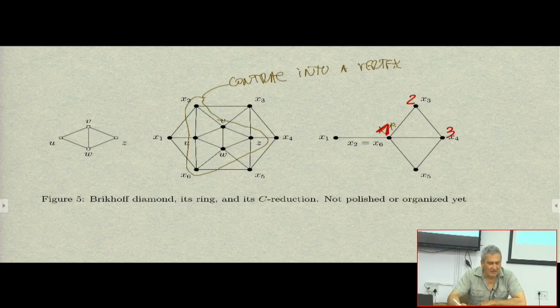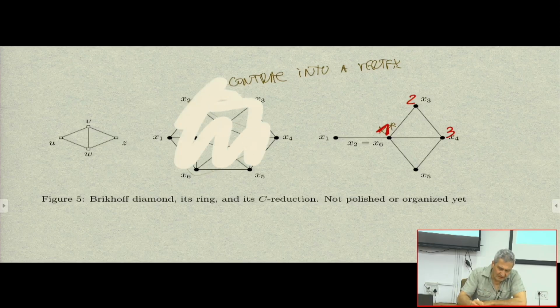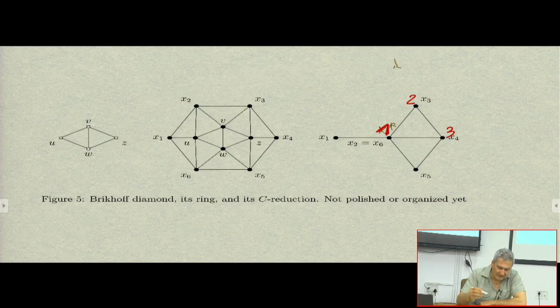We don't know for x1 and x5. And now, when we go back, we're going to have here color 1, color 1 and color 1, and we're going to have here color 2 and color 3.